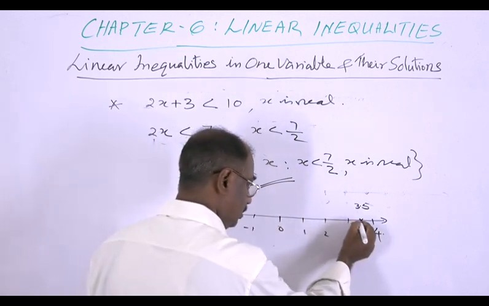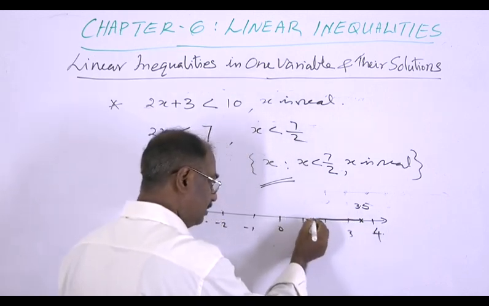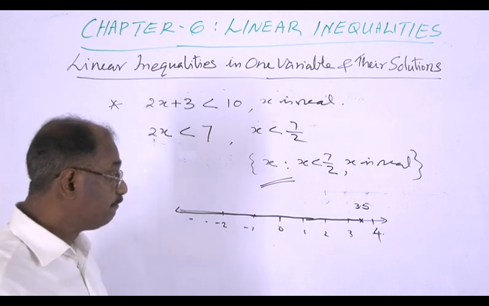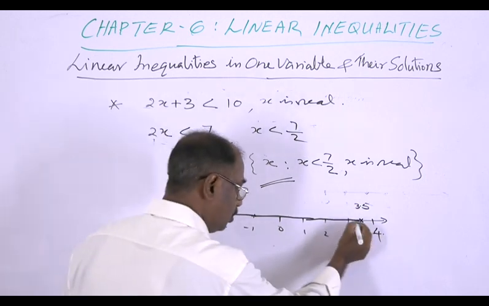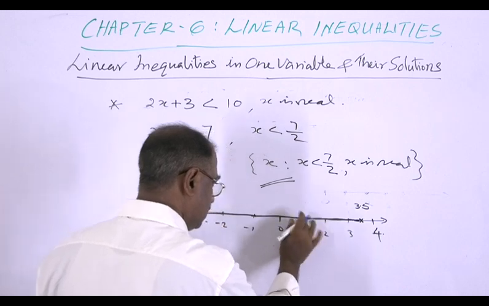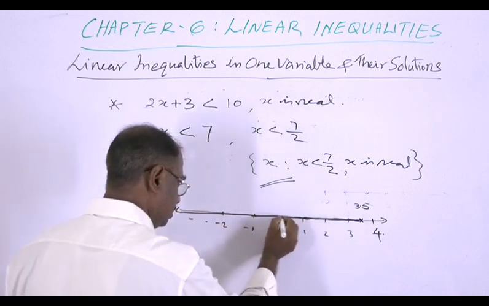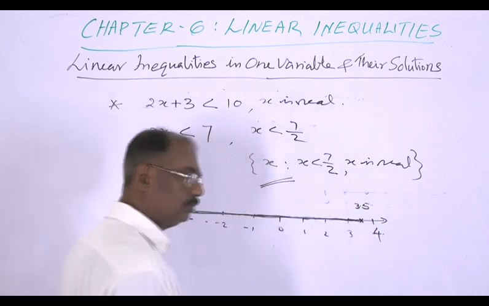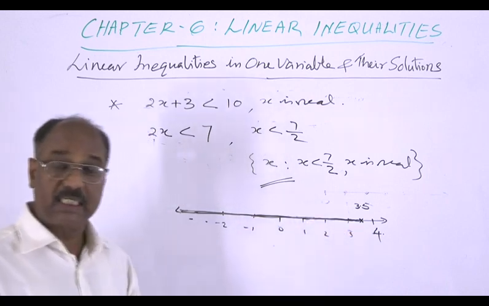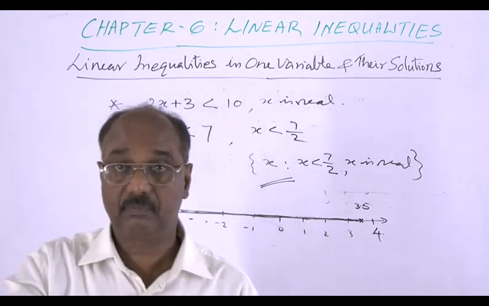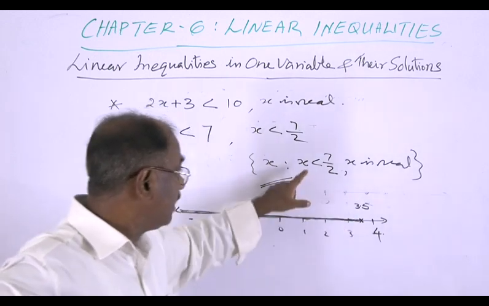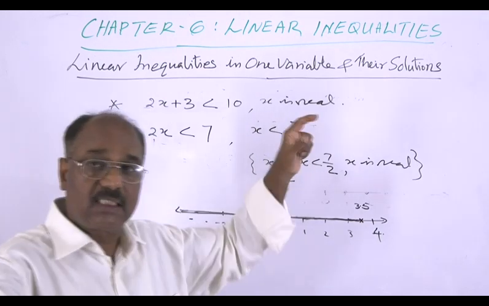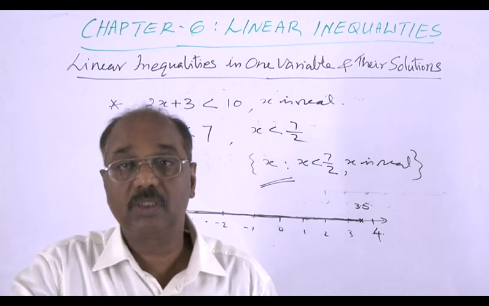Make the number line bold to the left of 3.5. This bold portion gives the solution graphically, except 3.5, because 7 by 2 is not included in the set; x is strictly less than 7 by 2, not equal to 7 by 2.